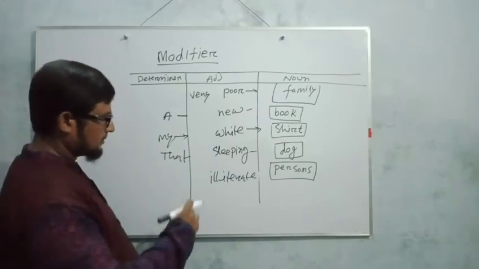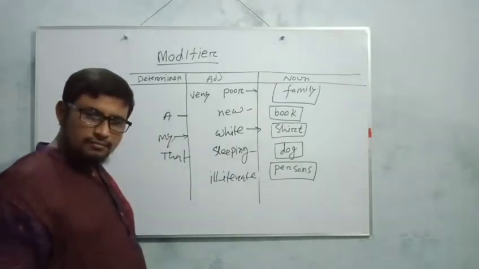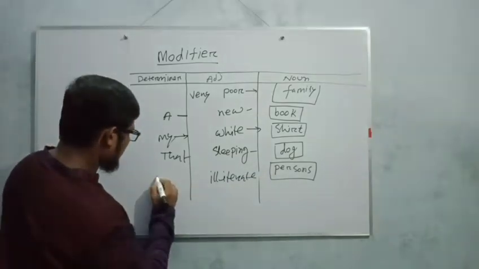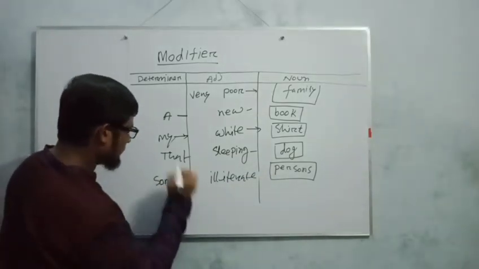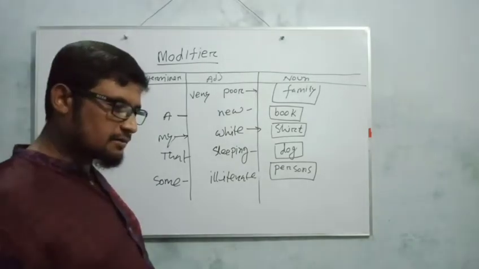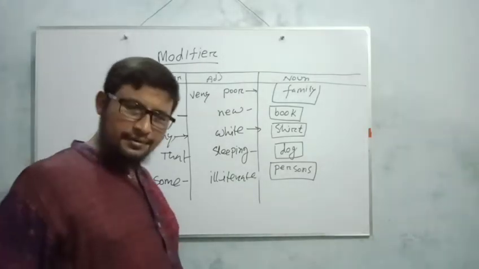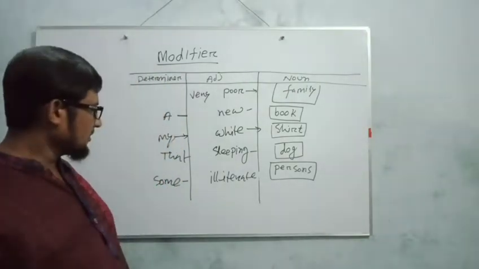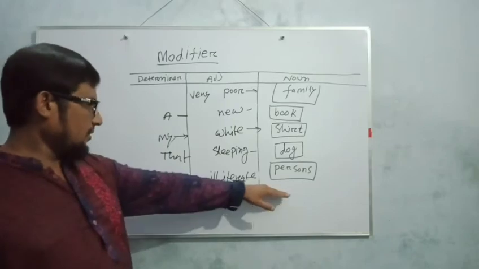We can add another determiner before the word illiterate, some. You know, some is also a determiner. It is called indefinite, and its another name is quantifier. Illiterate persons.